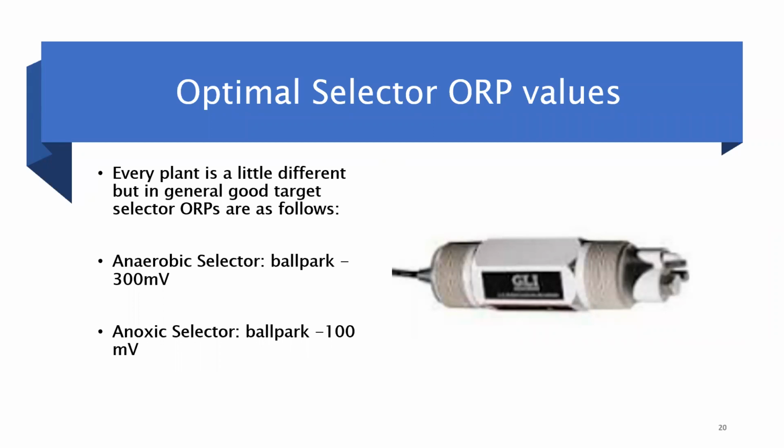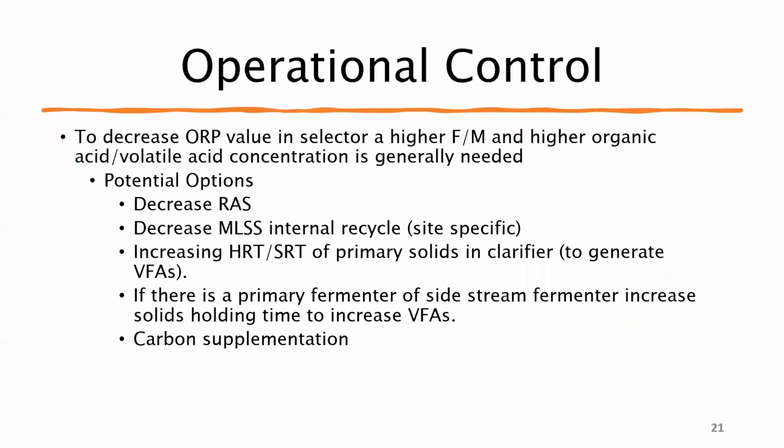And the same thing is if we have an underloaded selector, we're going to lose our BioP, and we can also create conditions where you can have some VFAs that just kind of pass through because you're underloaded as well. So generally, ballpark values are about minus 300 millivolts for anaerobic and minus 100 millivolts for anoxic. But that's going to differentiate depending on what you see successful, and it's oftentimes fairly plant specific.